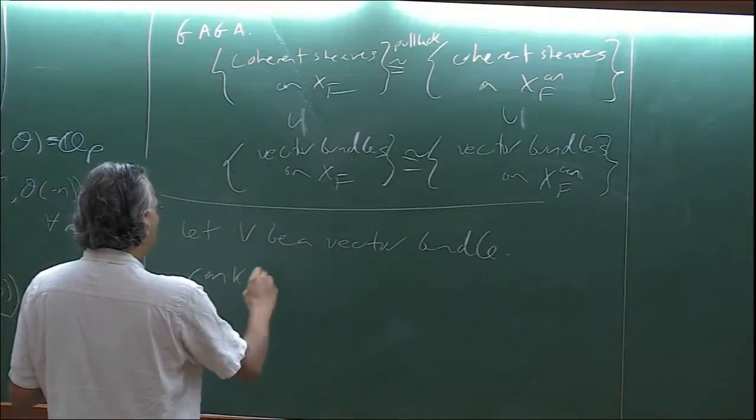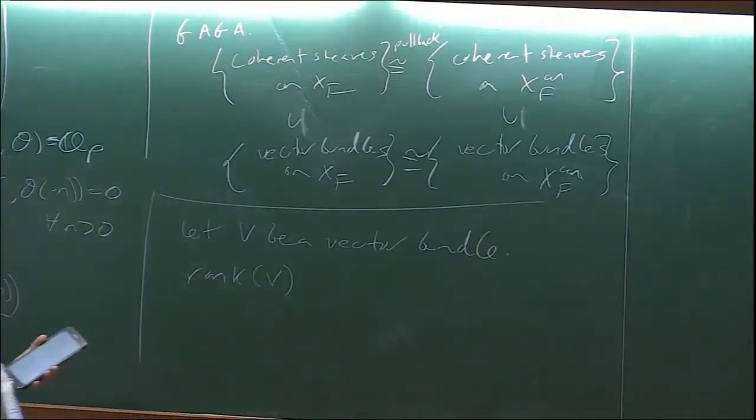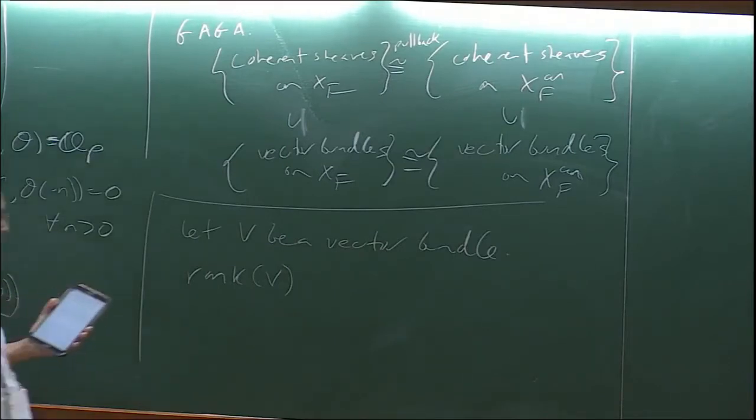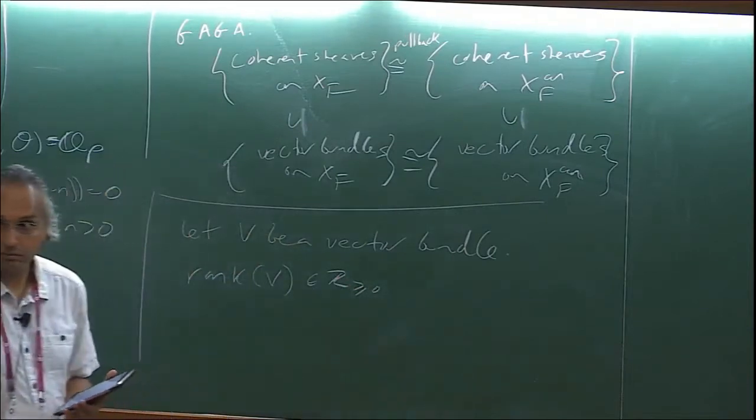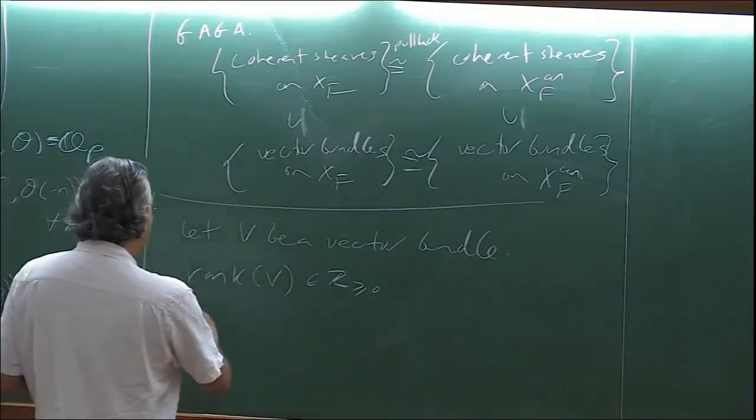I'm going to associate to V several numerical invariants. One is the rank. The rank is a locally constant function, but these spaces are connected, so the rank is a unique non-negative integer.